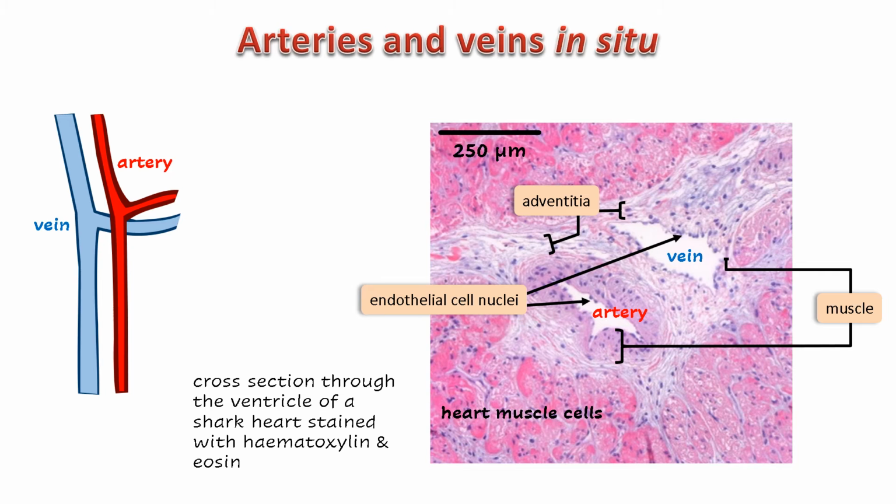It's not possible to compare the elastic laminas here because the dyes used do not stain elastic tissue. There is a different stain for elastic tissue that could be used. One other feature that stands out in the image is that the artery holds its shape well and remains fairly circular in tissue sections. In contrast, veins tend to collapse because of their thin walls and have a less well-defined shape in tissue sections.